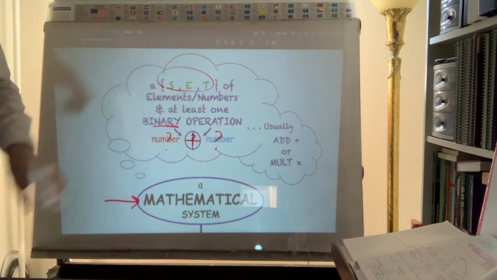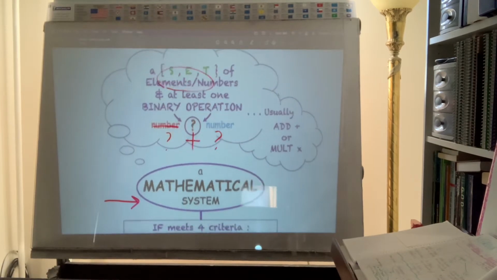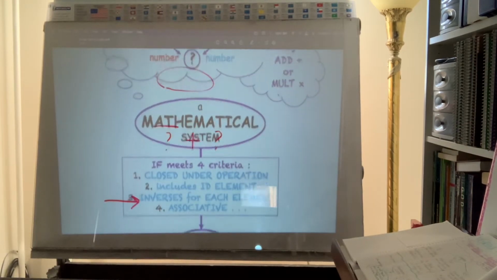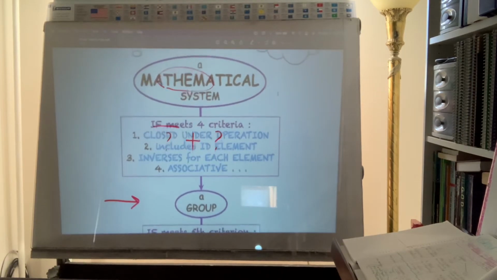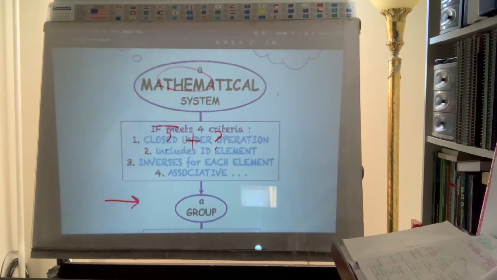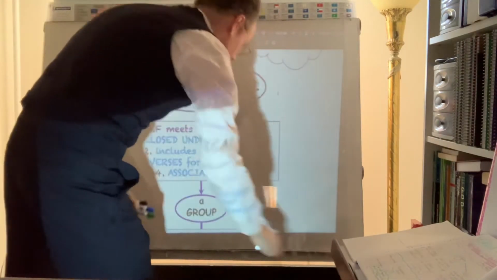Slightly more specific than a mathematical system is a group. That's from here on down.